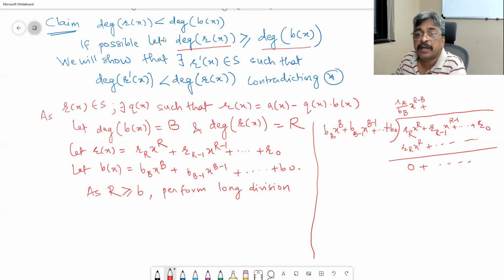This multiplied by this I have written here, and there will be many other terms which I am not writing. This will be 0. And definitely the remainder polynomial which is remaining here will have coefficient of x raised to R minus 1, not R but R minus 1. Degree of this remainder now is going to be capital R minus 1.